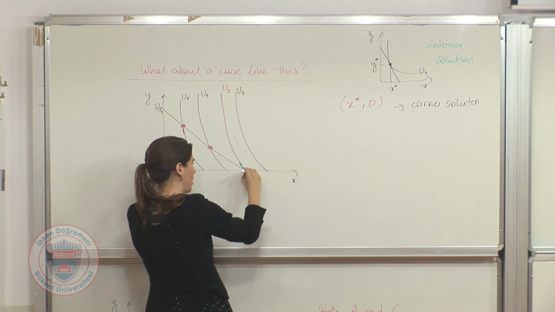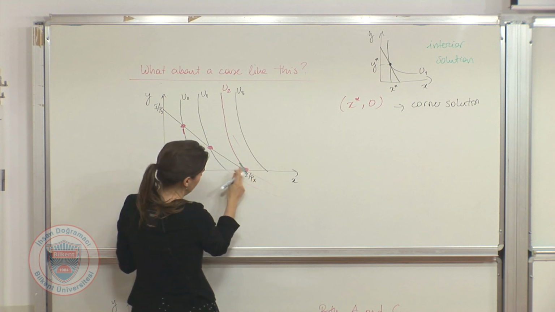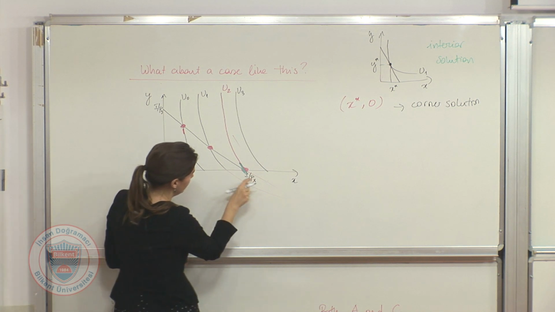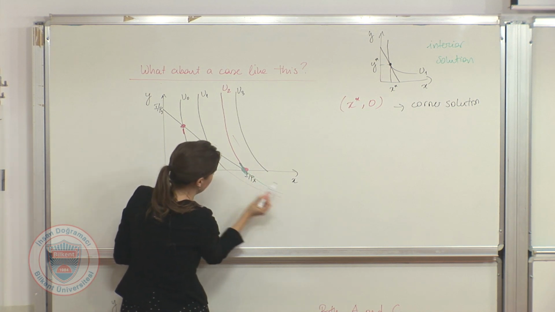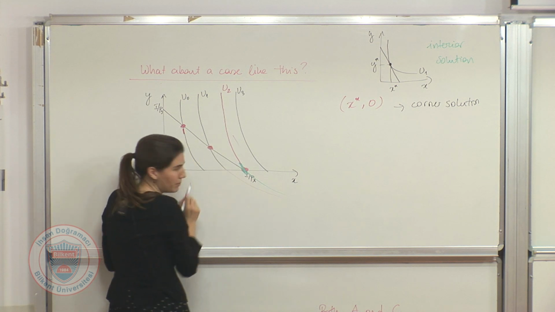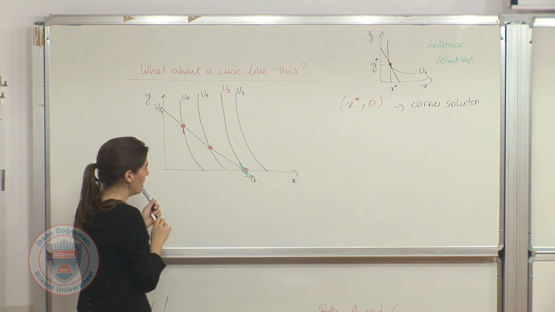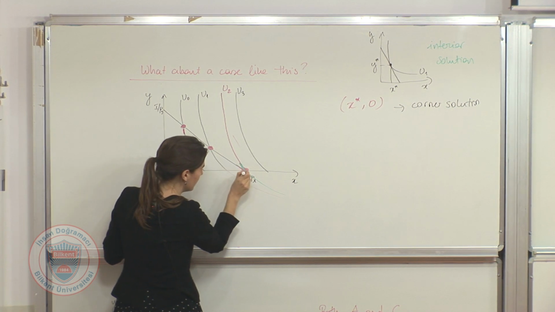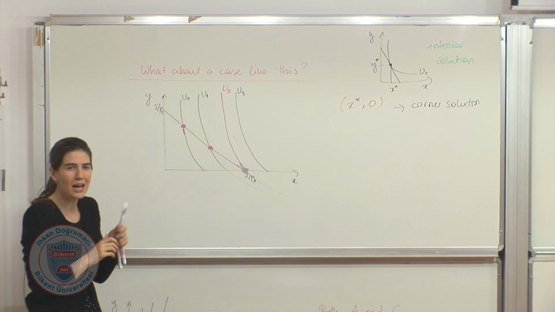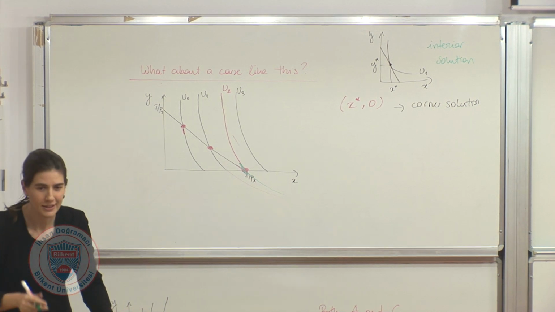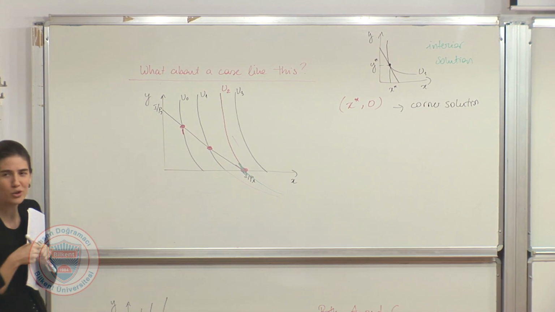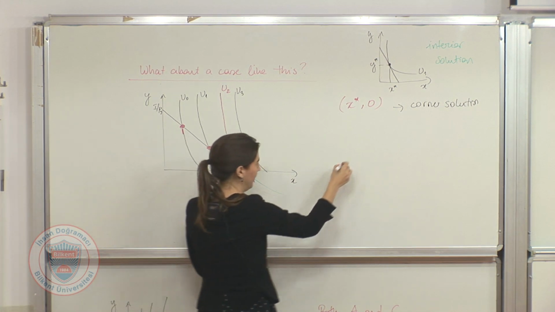So let's try to be tangent at this point. Remember, this is a curve like this. The slope at this point is something like this, but the slope of the budget line is this, right? So what does that mean? Is the marginal rate of substitution more or less than Px over Py at that point?